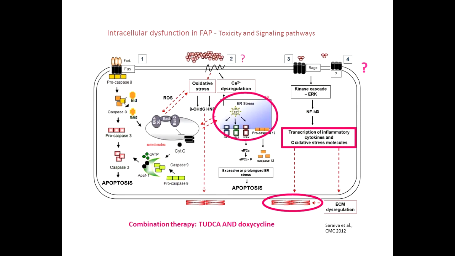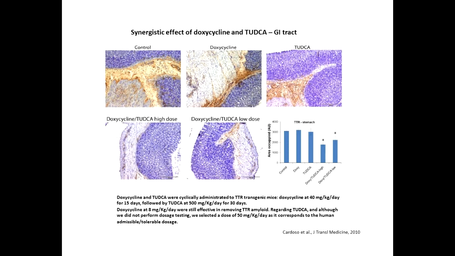It's not the Ursofalk, but it is conjugated. So TUDCA, and without telling you a big story, we know that doxycycline, an antibiotic, is going to destroy amyloid fibrils. So we decided to try in mice this combination therapy.